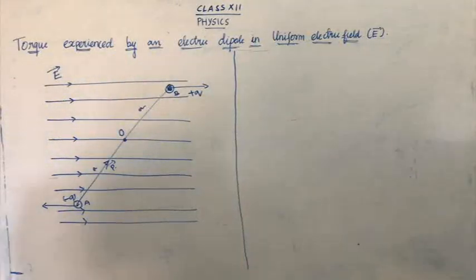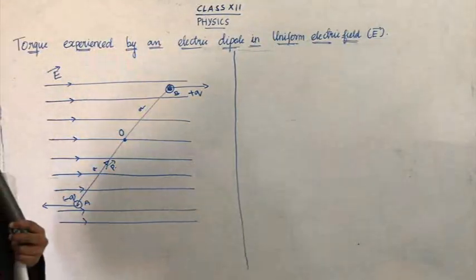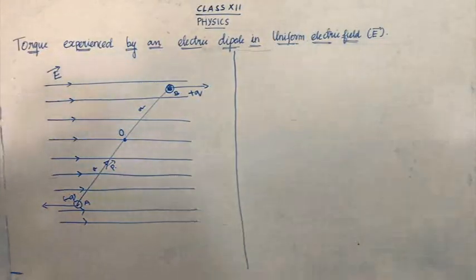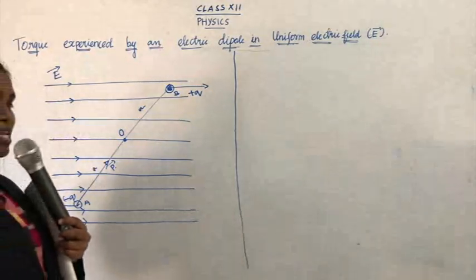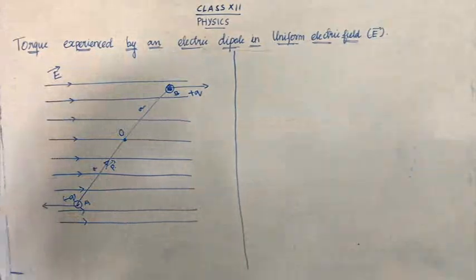Write it down in your classwork note: torque experienced by an electric dipole in a uniform electric field. Take your classwork note and write. Draw the diagram. Finally, we will get the formula for torque. Why are we calculating the torque?